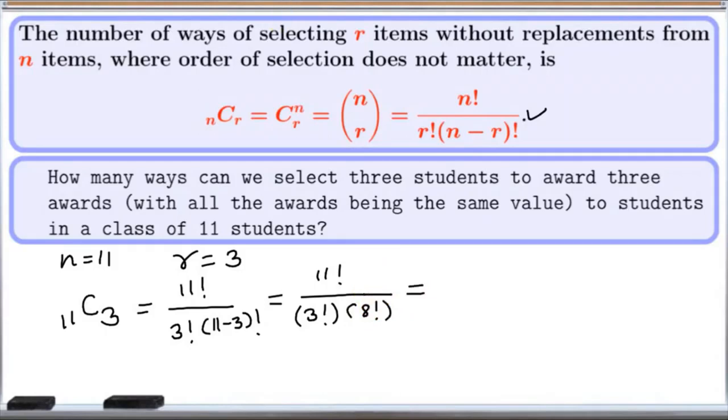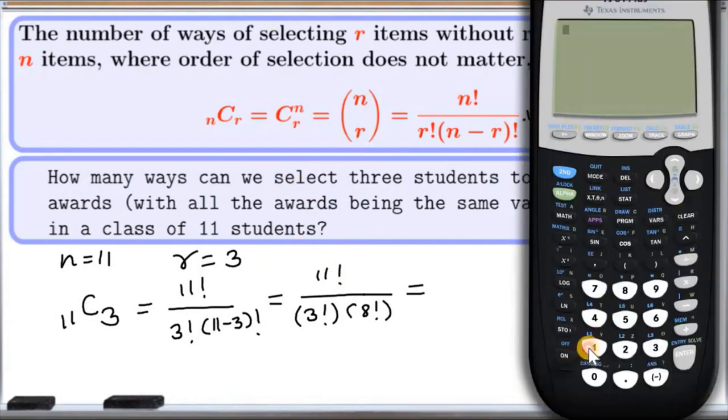So now we can plug in these numbers, 11 factorial over 3 factorial times 8 factorial, in a calculator. So we need 11 factorial on the numerator. So type in 11, go to math, then go to PRB, come down to number 4, then hit enter, then put your divide, then type parenthesis, then type 3, then go to math, PRB, come down to 4, then hit enter.